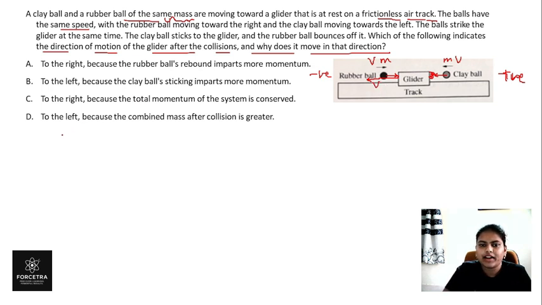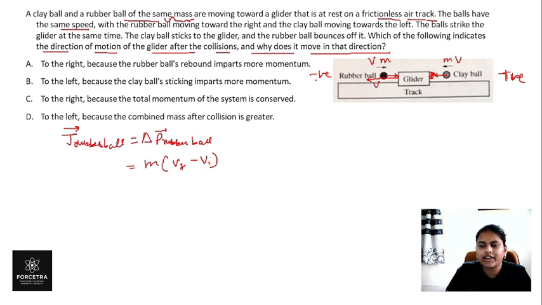So I can find the impulse for the rubber ball, which is equal to the change in momentum of the rubber ball. I can write mass into final velocity minus initial velocity. So what is the final velocity?